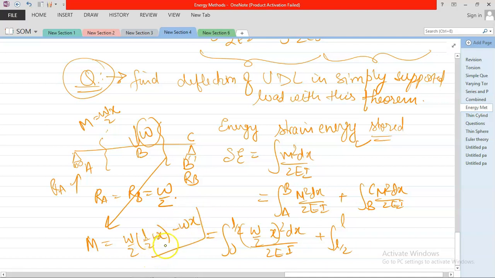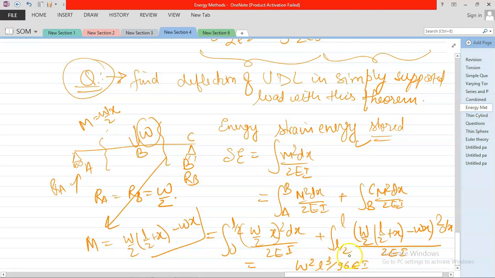So I am going to write it as (W by 2 (L by 2 plus x) minus Wx) whole square dx upon 2EI. This is one method of solving this problem, and you can obtain the value, which comes to W square L cube upon 96EI.